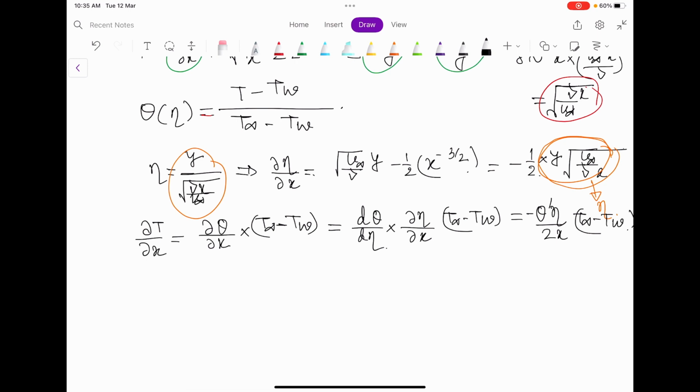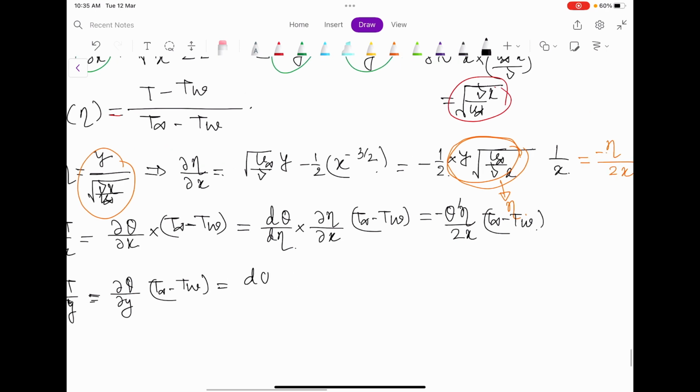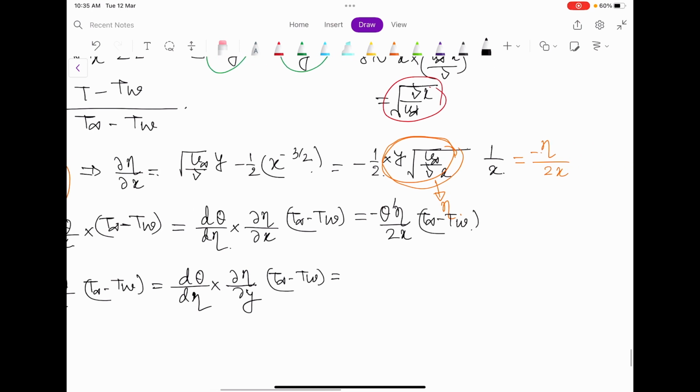Now what is remaining? Del T del y in the same form, that will be del theta del y into T infinity minus T wall, that will be d theta d eta into d eta dy into T infinity minus T wall, that is equal to theta dash into, and what will be this?